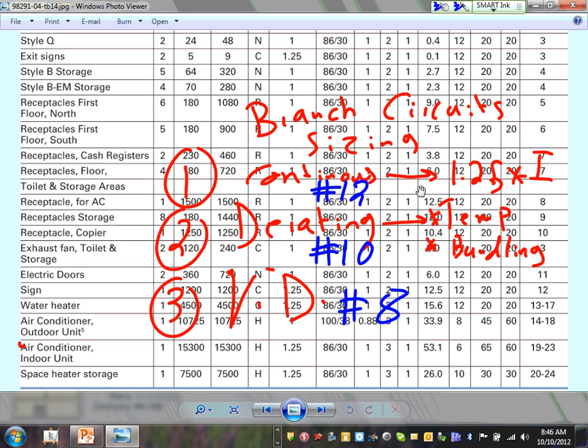You size based on continuous load, it will tell you number 12. But the parking lot is a long distance. You're going to send 120 there, but you might end up with 90 volts at the end of the parking lot. That fixture is not going to light, right? So because of that, with the voltage drop calculation, I might end up with a bigger size conductor.